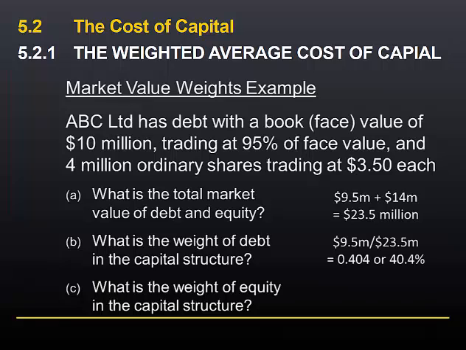The weighting of debt is the $9.5 million divided by the total value of $23.5 million, or 40.4%. And the weight of equity is 14 million divided by 23.5 million, 59.6%. We could also calculate it as 100 minus 40.4%.